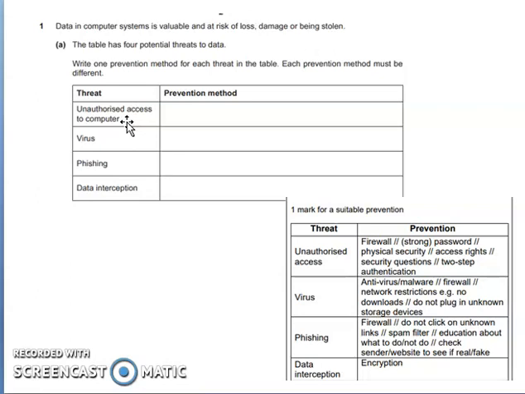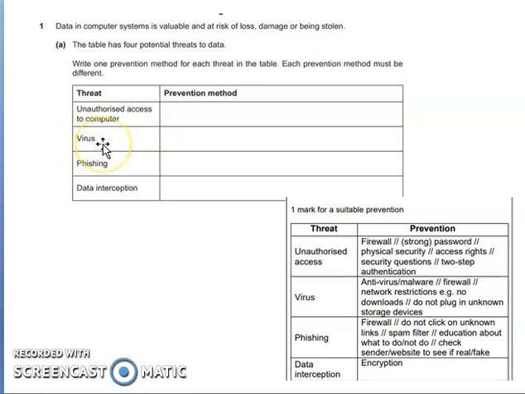That is the answer for this question. For unauthorized access, the password is the best answer. You can also mention two-step verification, firewall, access rights, or security questions as options, but two-step authentication or password is the best answer, for which you will get the full 1 mark.